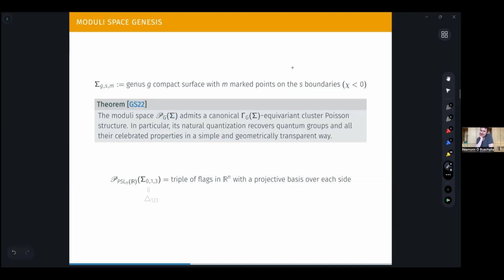And what's a local system? A local system is a locally constant sheaf on which you have a G action. You can think of it like linear systems of things. A locally free sheaf upon which you have a G action, so it's basically like an equivariant vector bundle.